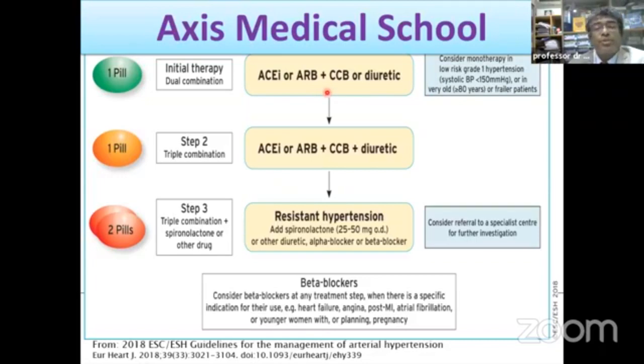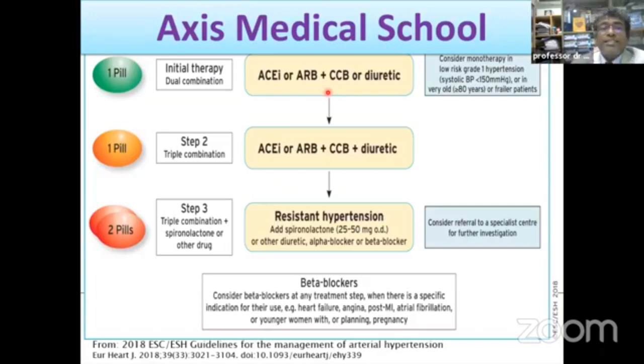So we have to choose. If we choose one antihypertensive drug, then we should choose either ACE inhibitor or ARB, or we should choose calcium channel blocker, or we should choose diuretics. So it depends: there may be some compelling indications, there may be some contraindications. That is why there are 10 points that we should consider before starting the treatment of hypertension.